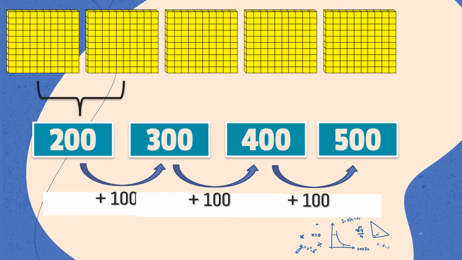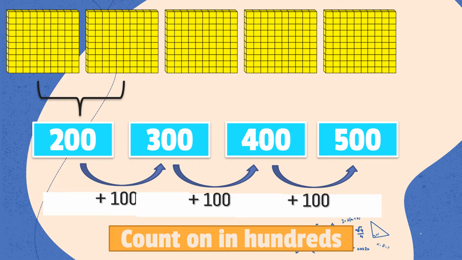Look at the number patterns: 200, 300, 400, and lastly 500. The number is increased. We call it count on in hundreds.